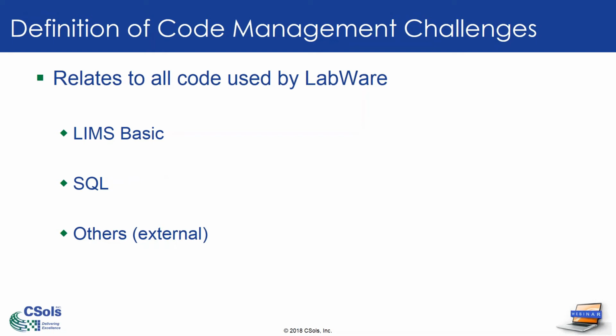So when you think of LabWare code, most of the time you're going to think of LIMS Basic. So those of you who have development experience, LIMS Basic is the main code that's used by the LabWare instance. And Adam's going to give us a nice overview on LIMS Basic, where it lives, what it does, that type of thing. I'm going to refer to subroutines. So subroutines are probably the main object in LabWare where most of the LIMS Basic lives.